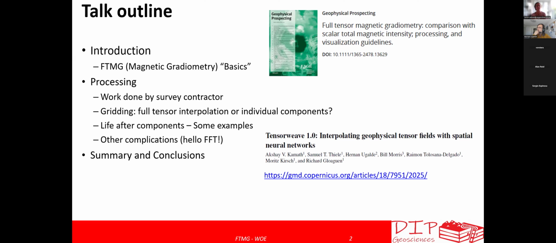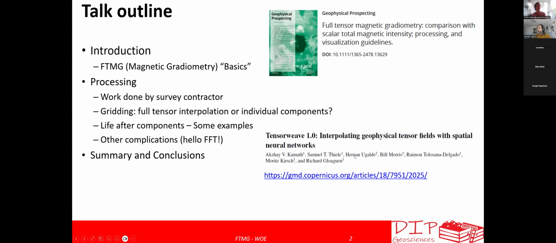When I gave this presentation at SAGA in 2024, we had just this paper coming out, the full tensor magnetic radiometry one in Geophysical Prospecting. This paper shows very interesting results on how to go from tensor components to TMI, so I'm going to be touching on that.